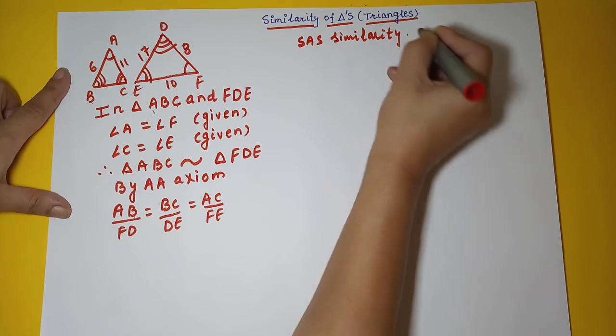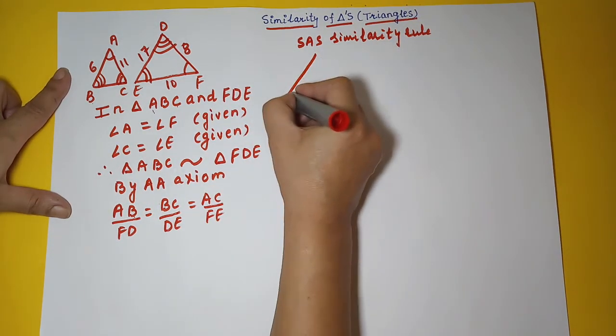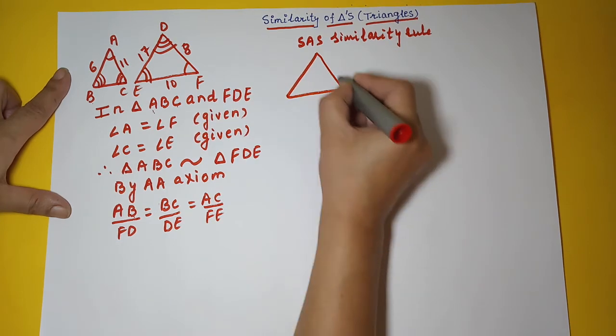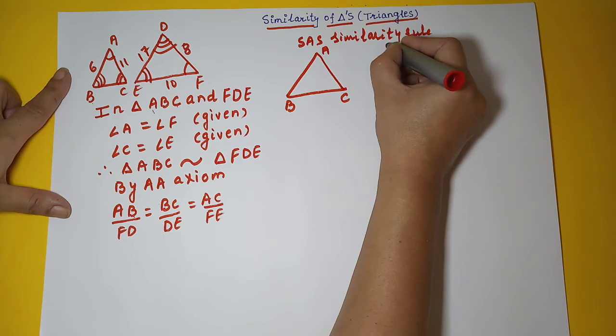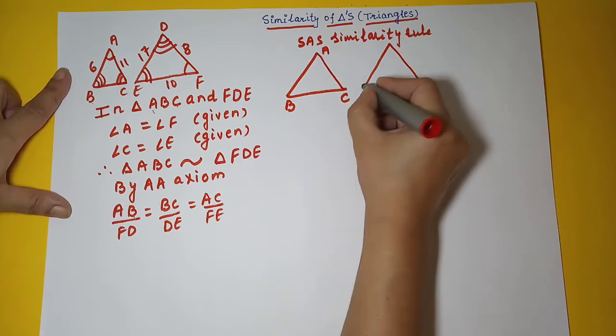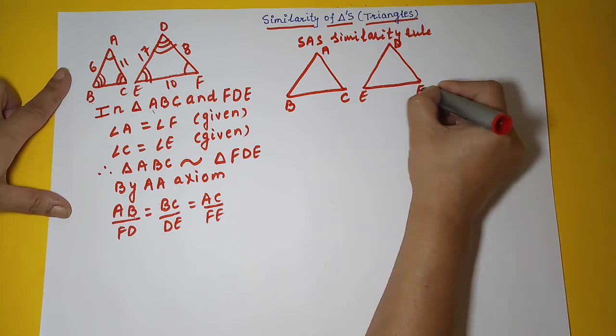Let's understand that. Suppose you have two triangles ABC and DEF.